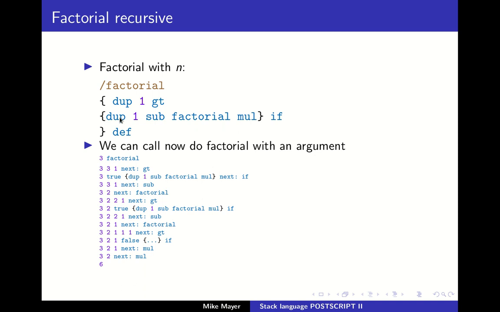So we take again the top, duplicate the top of the stack, we subtract 1 from that, and then we say this number that is now in the stack, that should be again operated together with the factorial function and multiplied with the result of that. So in other words, we called here factorial maybe with one number n, and here we call factorial with n minus 1 if n is greater than 1. Yeah, and this is how we define here factorial.